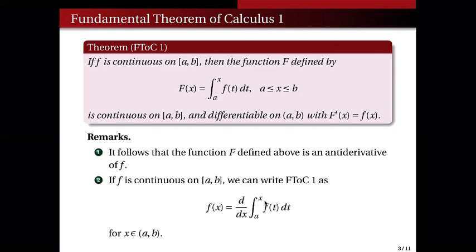But again, keep in mind, the upper limit of integration is x. The lower limit of integration is a constant. And x is your variable. And the t here is a dummy variable. You can replace it with other variables except for your x.